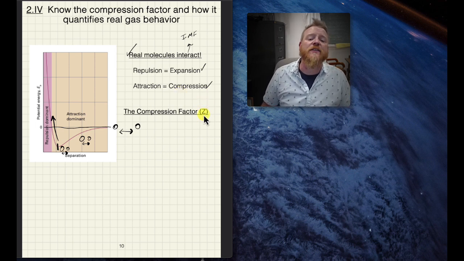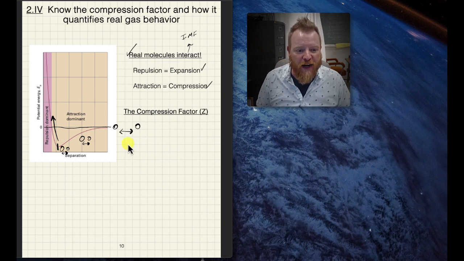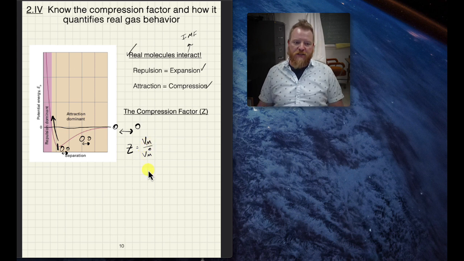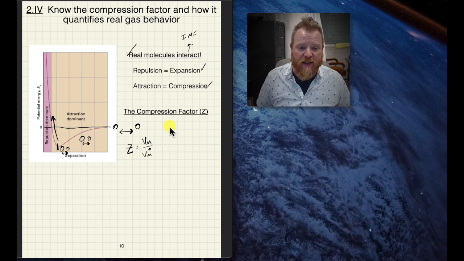So we're going to use this thing called the compression factor to quantify that. And the compression factor goes as following. It's a capital Z, and that is equal to the quantity Vm divided by Vm naught. So we're going to start getting used to seeing this per m quantity. So when we see that in this class, we can always replace that with number of moles.